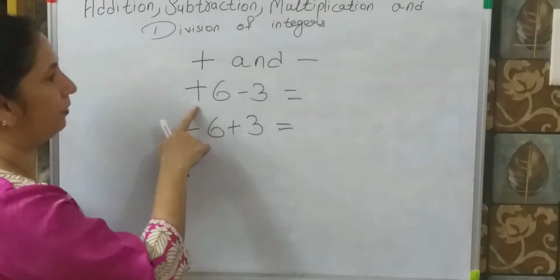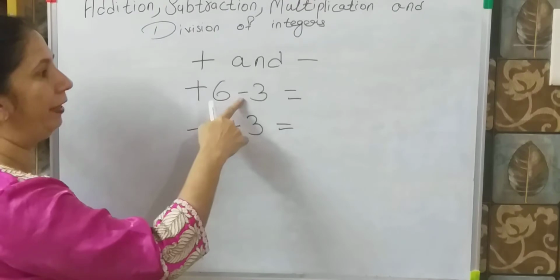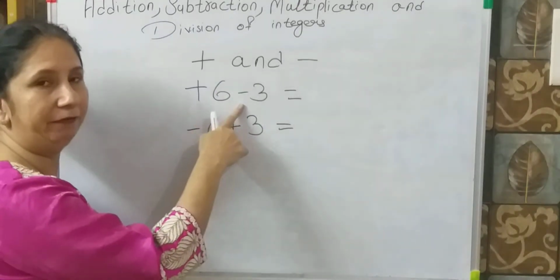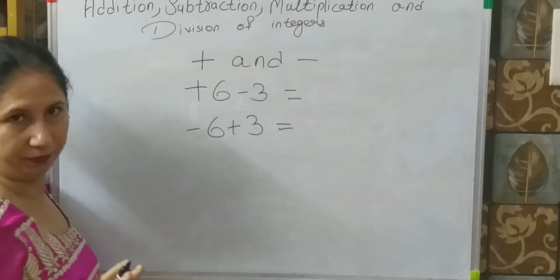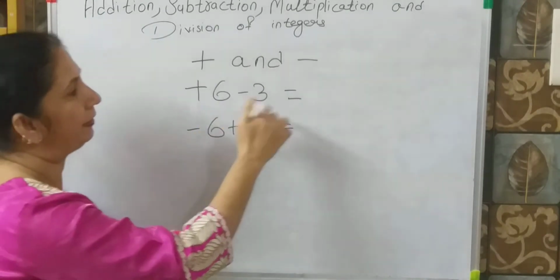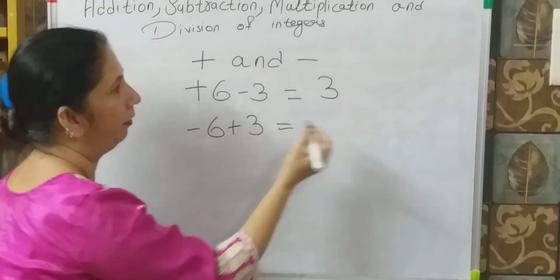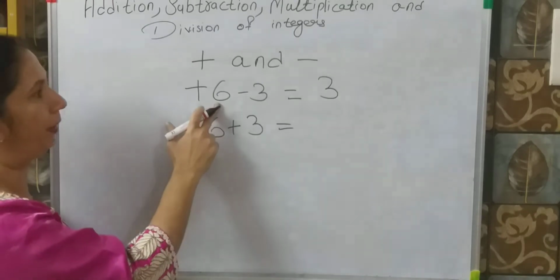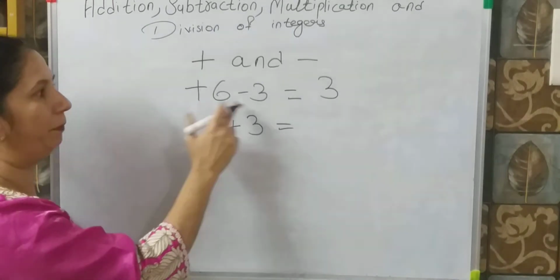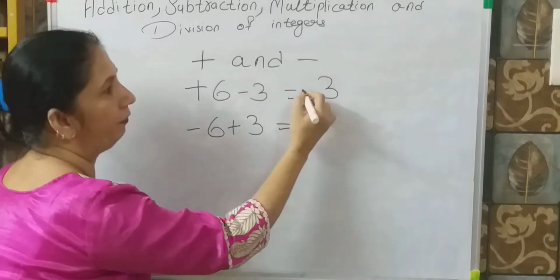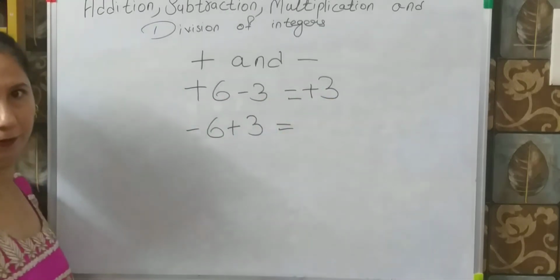Now whenever we have one positive and one negative sign, we are doing subtraction. We are not doing addition. So 6 minus 3 is 3. But here we will take the sign of the bigger number. 6 is bigger than 3, and with 6 we have a positive sign. So we will write plus 3.